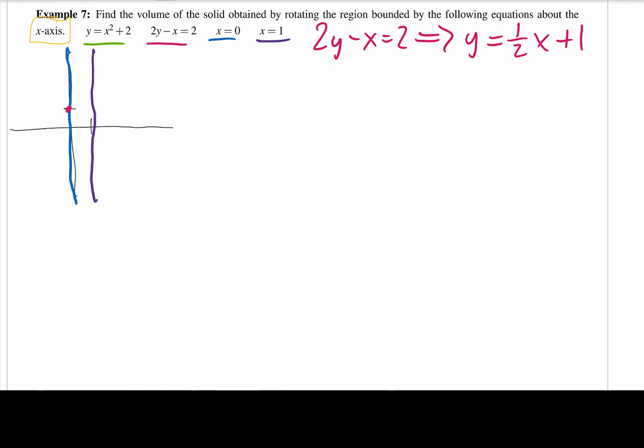So that means I go up 1 and over 2 every time. Okay, so some line that looks like this. And then we'll have x squared plus 2. And so that should look something like this. And so then my region is going to be this region in here.